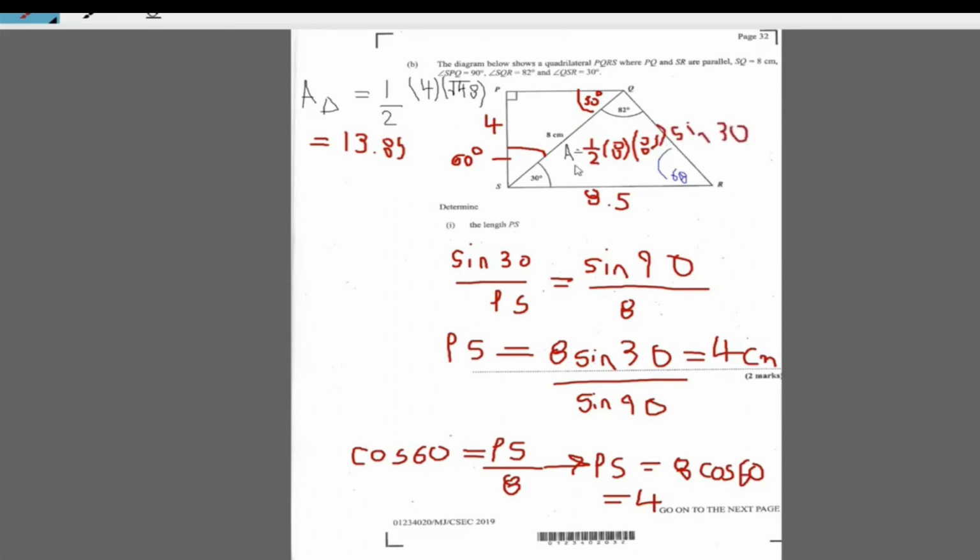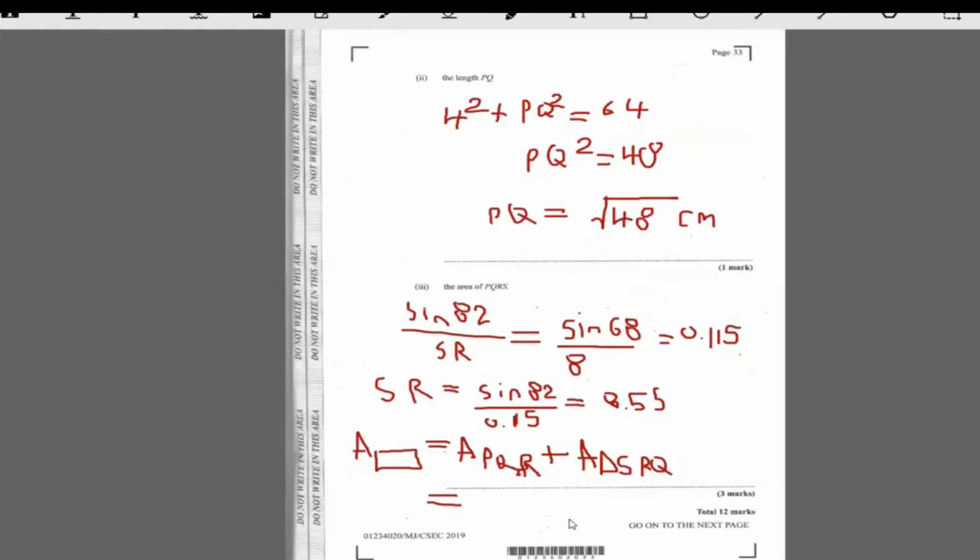So let's work out this one. What we're going to get from this one is 17.1.